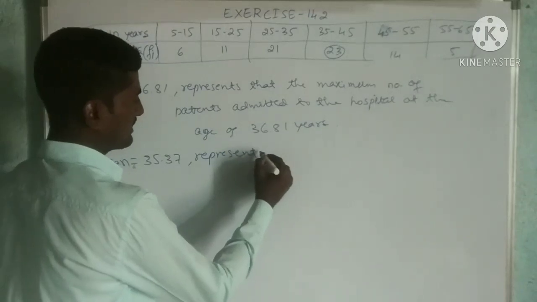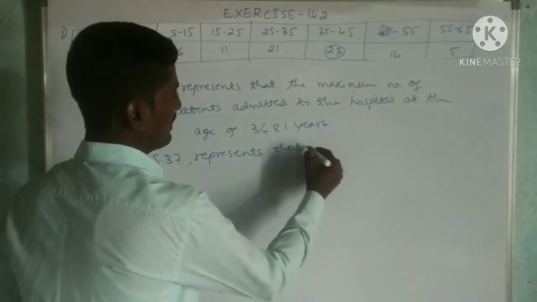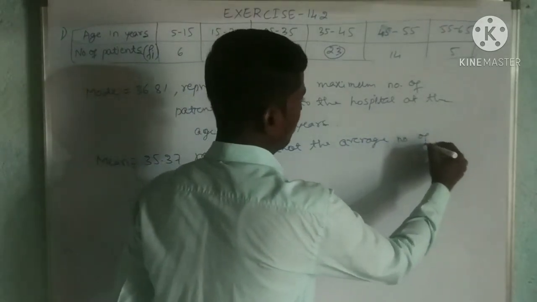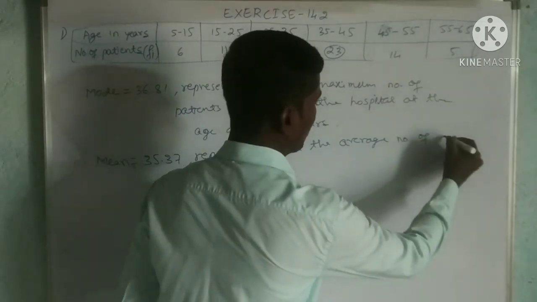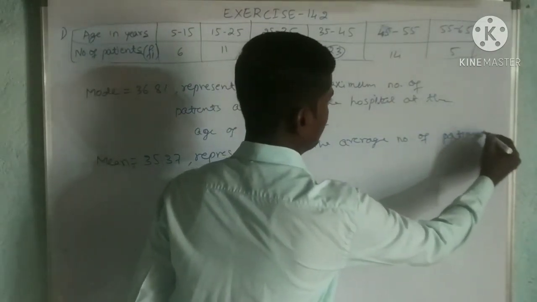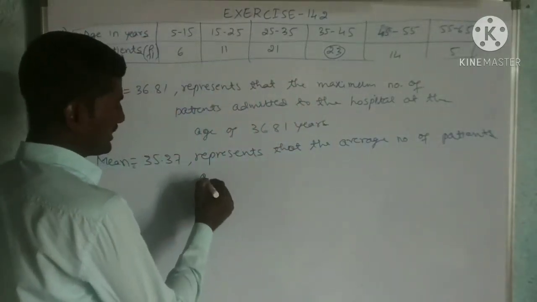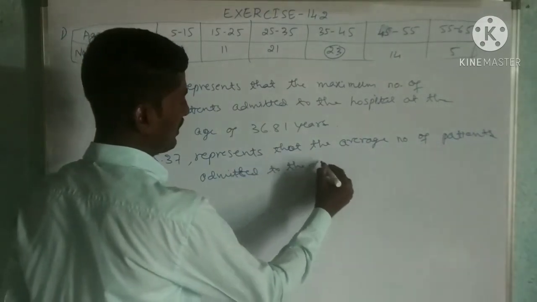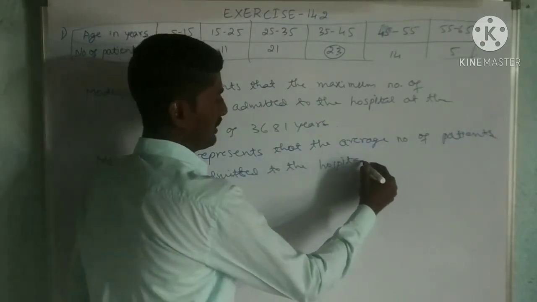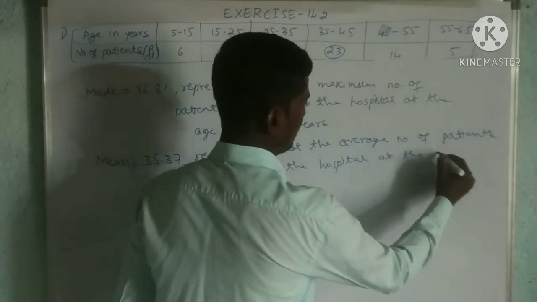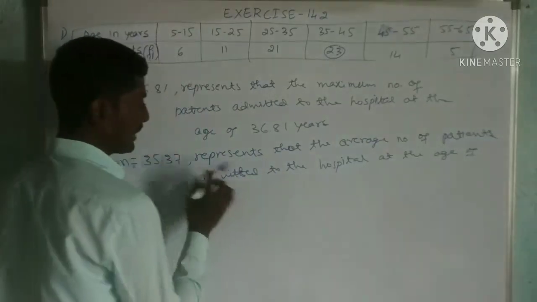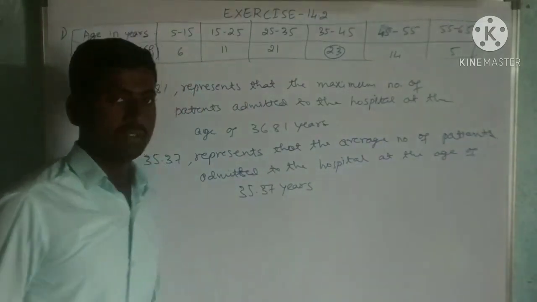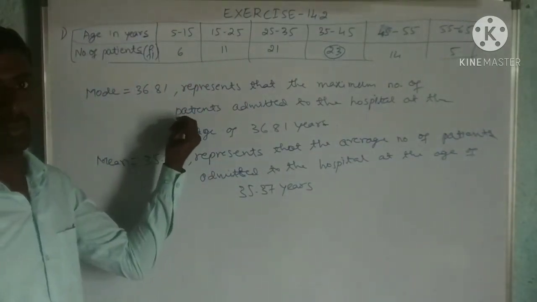Mean is nothing but the average. It represents that the average number of patients admitted to the hospital is at the age of 35.37 years. So this is the average and this is the maximum number of people.